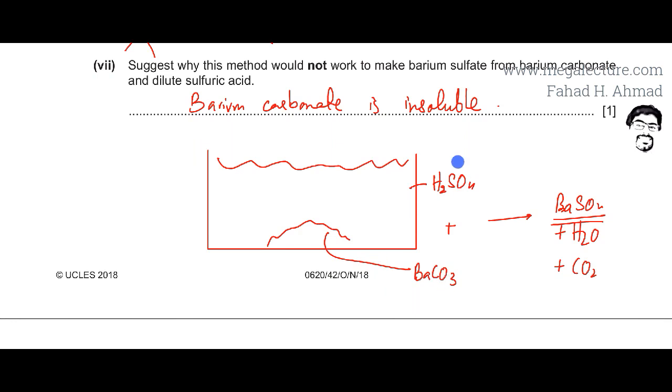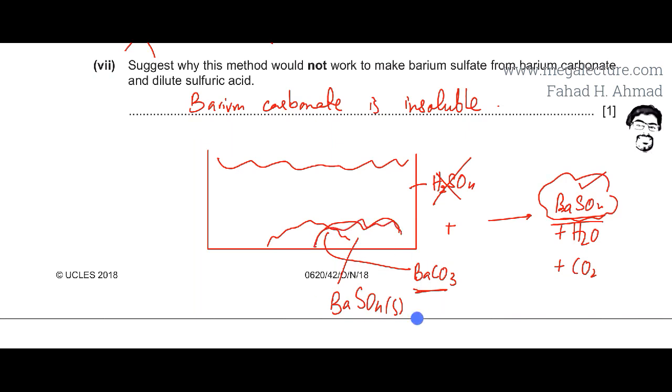So if I keep on adding barium carbonate, all the sulfuric acid would react and you will be left with barium sulfate. But the barium sulfate that would be produced is also insoluble. It's a solid. So my two solids, my reactant, barium carbonate, and my product, barium sulfate, are both going to mix. And what basically happens is that the barium carbonate would get a coating of barium sulfate and it would stop reacting. As soon as barium carbonate starts reacting, a surface coating of barium sulfate is formed, and barium sulfate is insoluble, so it's going to block the barium carbonate from reacting further.